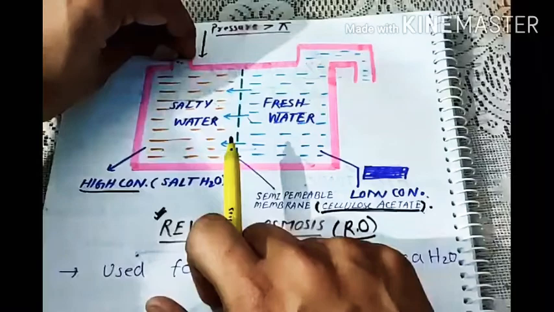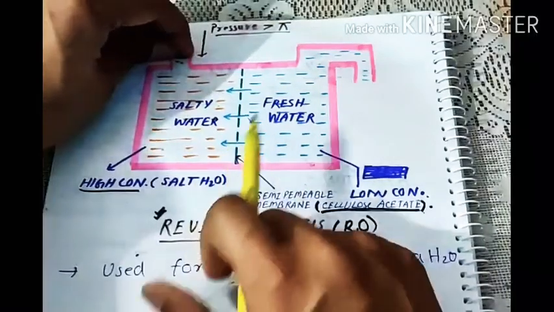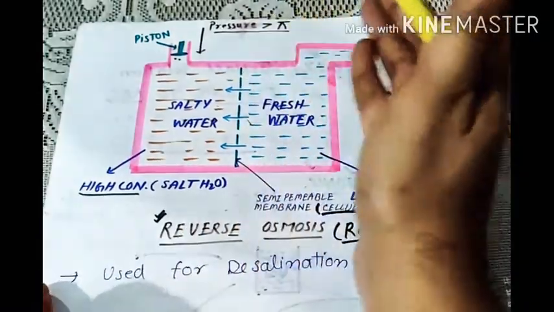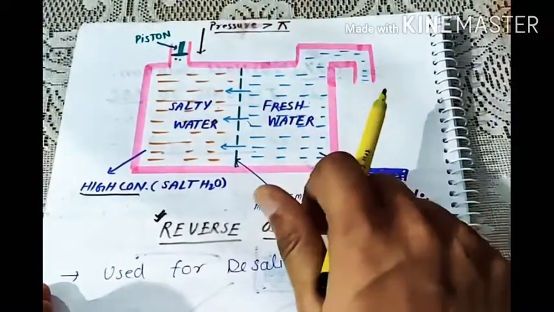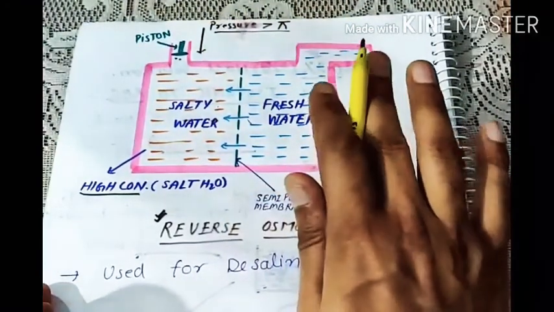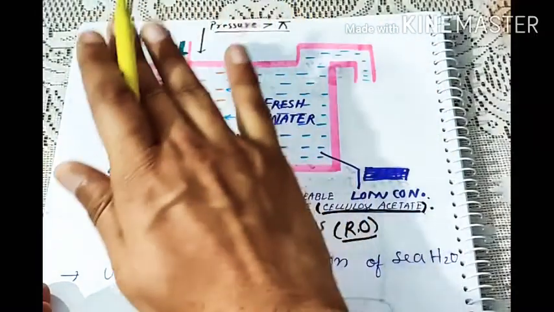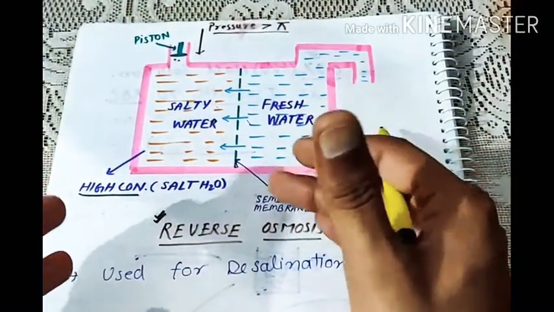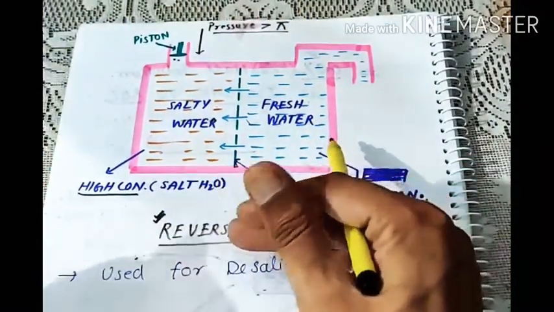A time will come, a point will come when the movement of the water from the fresh water to the salty water will get stopped, okay. Now water will not move from here to here. Ultimately, osmosis will stop.